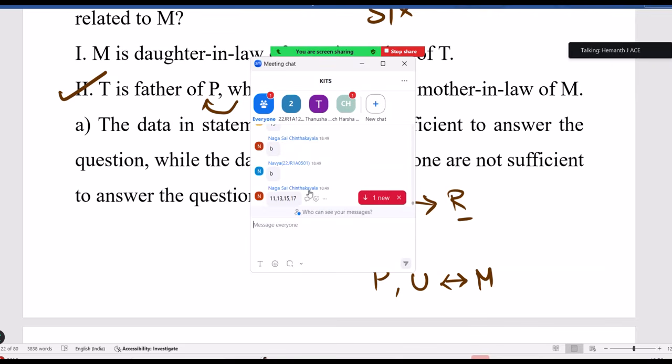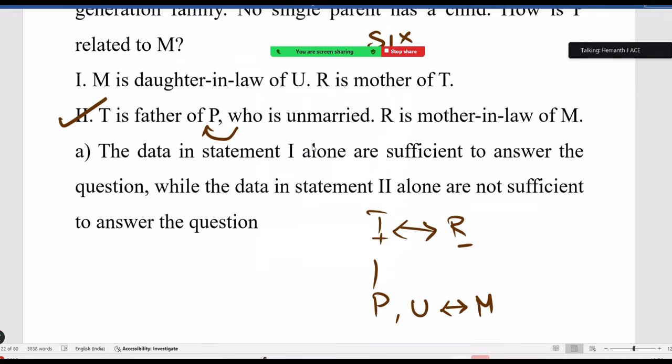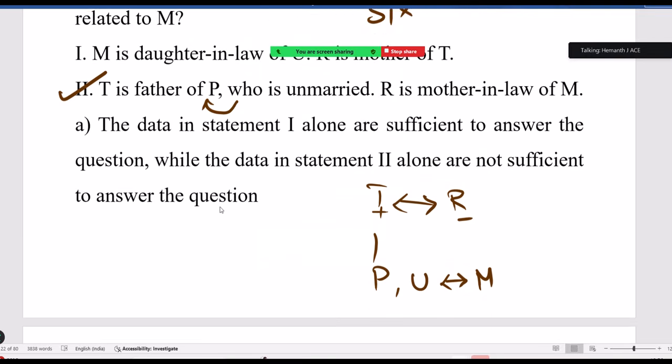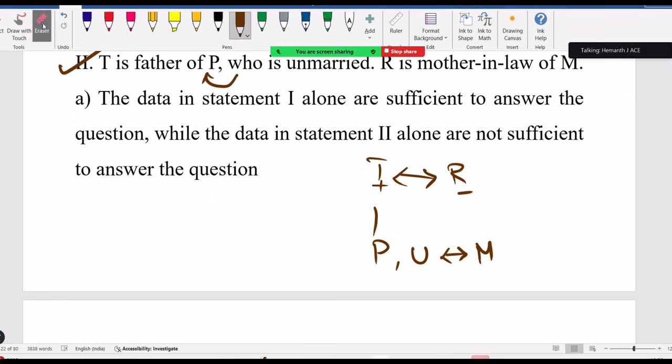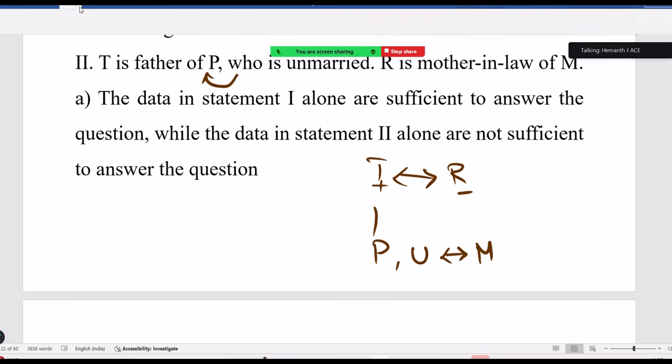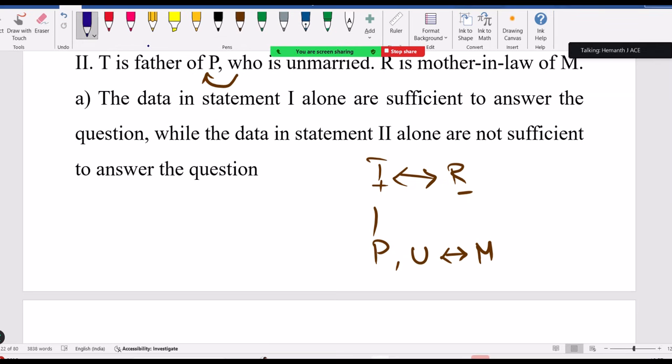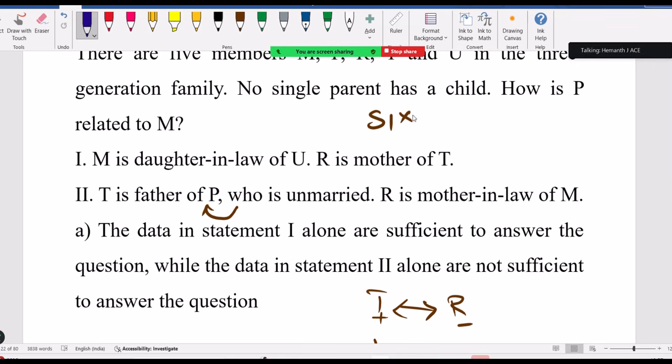Do you agree? Don't go for together until then. Okay, the question is how is P related to M? Now listen, two alone is not possible as of now. How can you say, sir? Okay, as of now, I can conclude two alone is not possible. For this question, in the diagram, P's gender and M's gender I don't know.